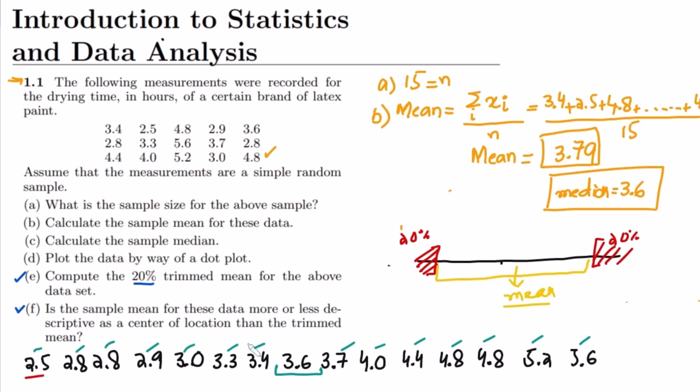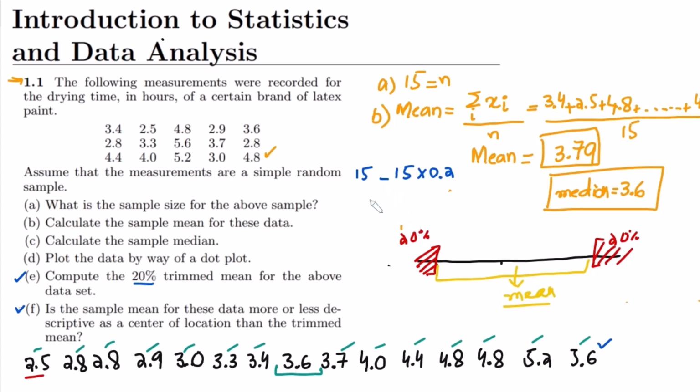So the actual data set we have here is this one, and we have to trim 20% of it. The 20% of 15 is 0.2 multiplied by 15, that would be 3.